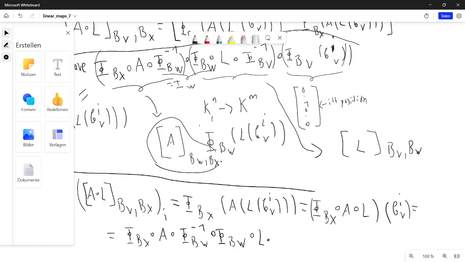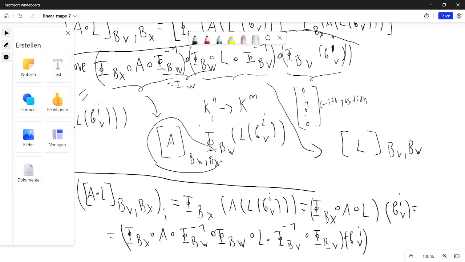I mean, by now in our course you should be able to see why. All right, phi B_V minus 1 phi B_V, and this is applied to b_i^V.